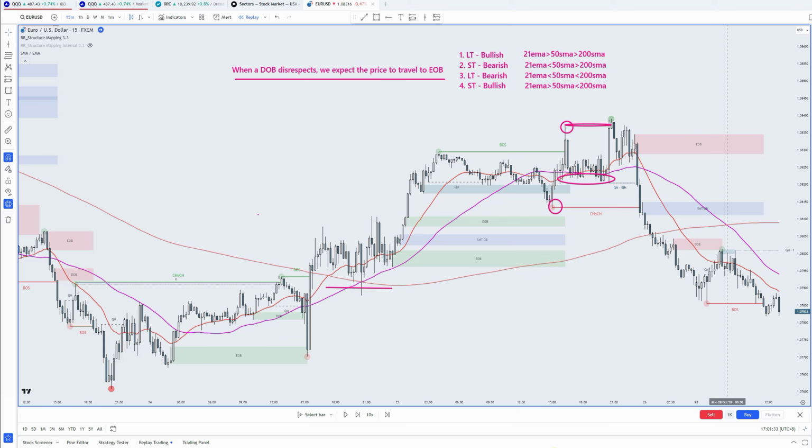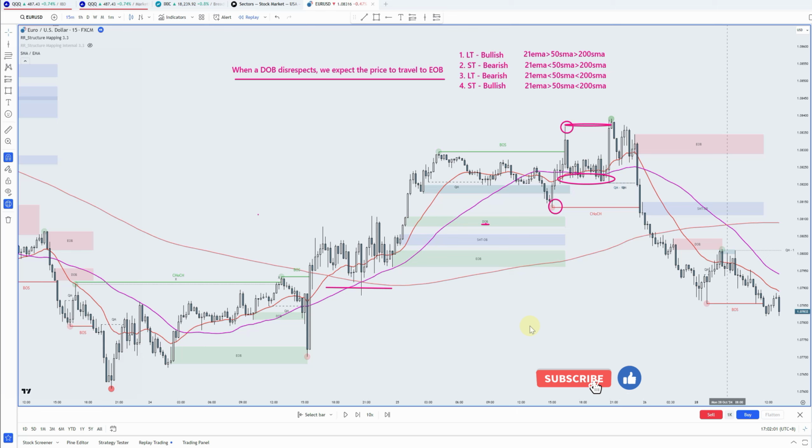Why are you a buyer rather than a seller? Because everything is longer term bullish now. Okay, so use these 4 moving averages just at one place, at the DOB area, to check whether the DOB is respected or disrespected.